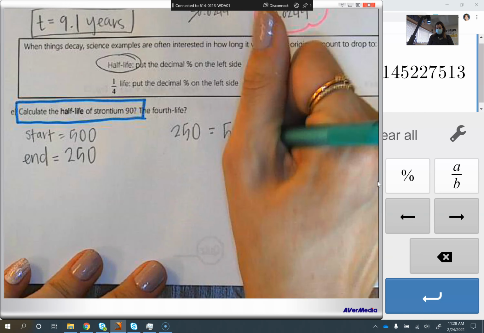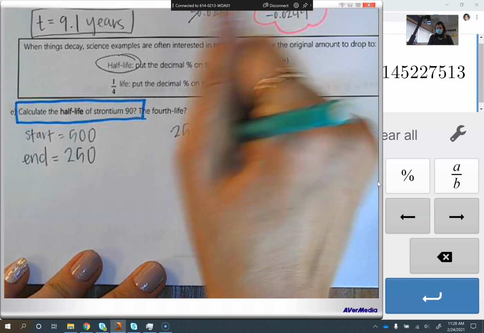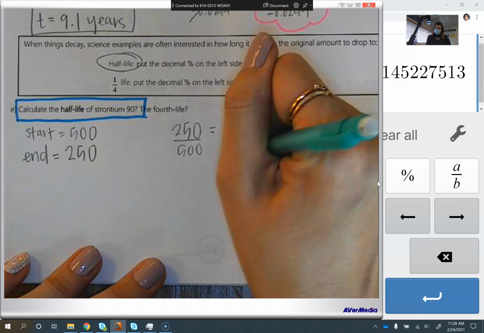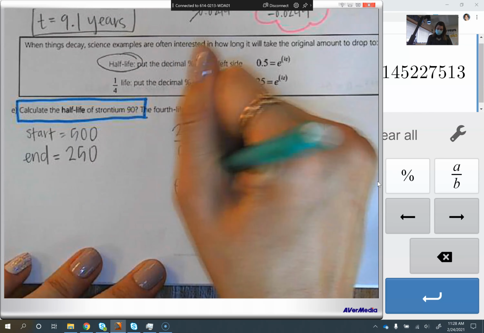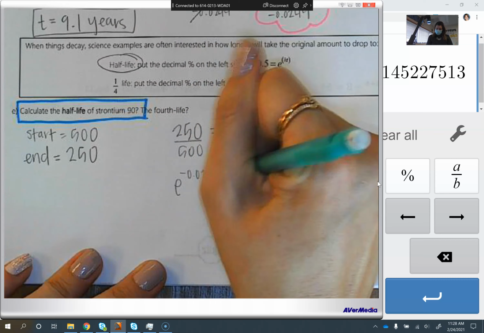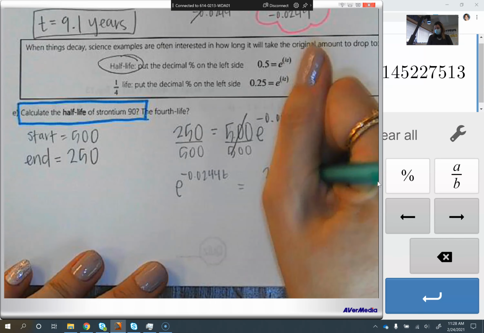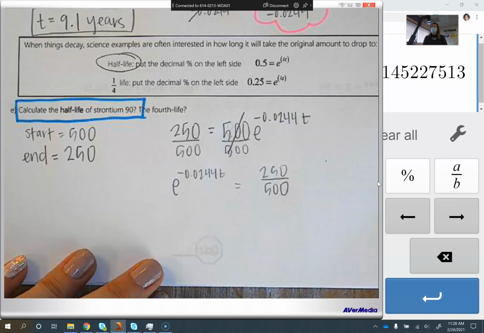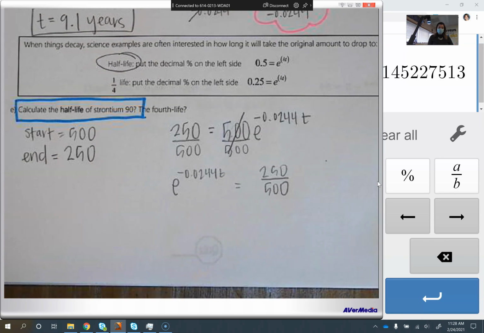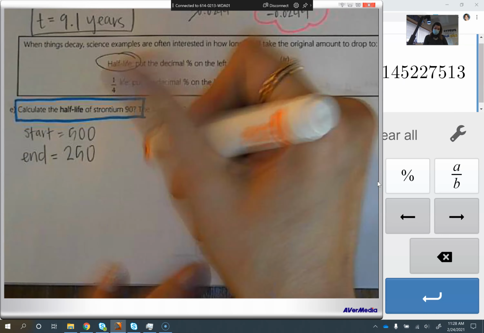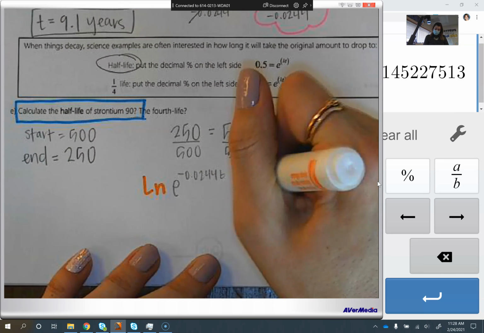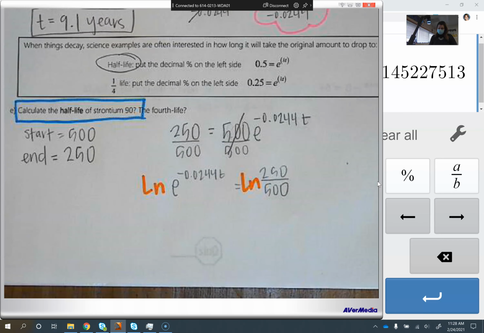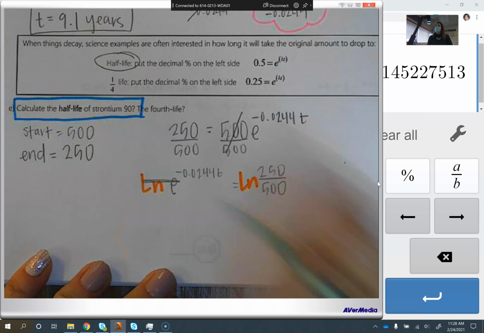Okay, step number 1 is we divide by 500. That's going to give you E equals 250 over 500. Then you take the natural log of both sides. These go away.